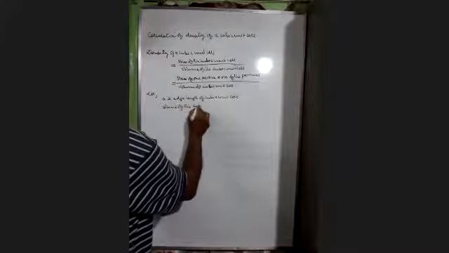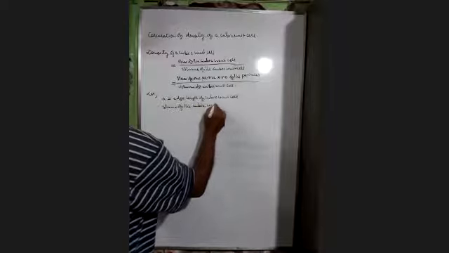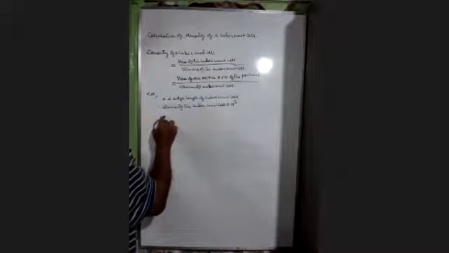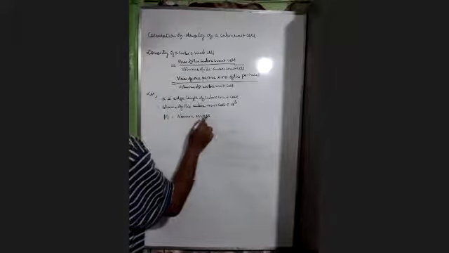Therefore, volume is equal to what? Volume of the cubic unit cell is equal to a cube. Because it is a cube. Volume of a cube is nothing but the cube of its edge length. Then M is the atomic mass.